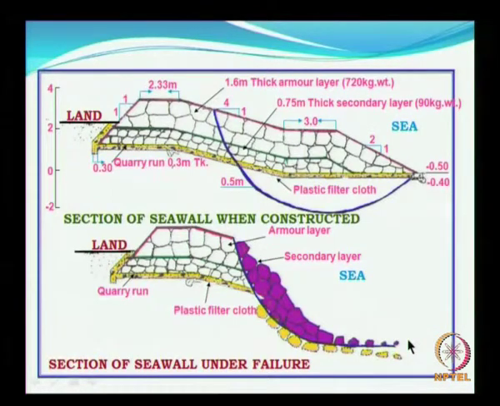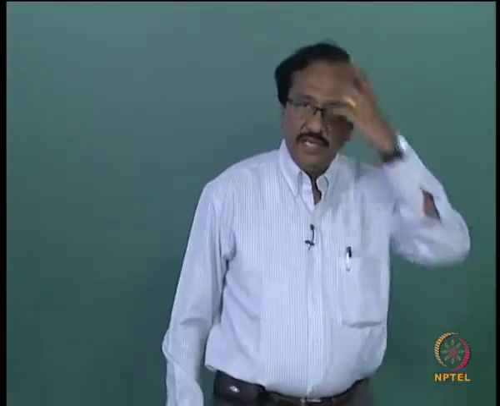Once that occurs, unless you go in for a strong rehabilitation, you are not going to save this seawall, because the damage is going to progress towards the land and ultimately the entire seawall will be lost, as we have seen in the case of Ullal along the Mangalore coast, where the entire seawall has disappeared.